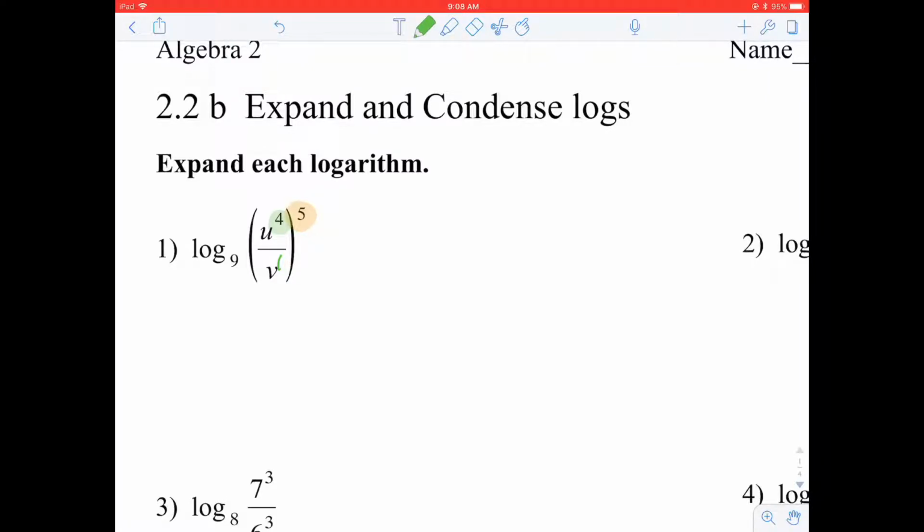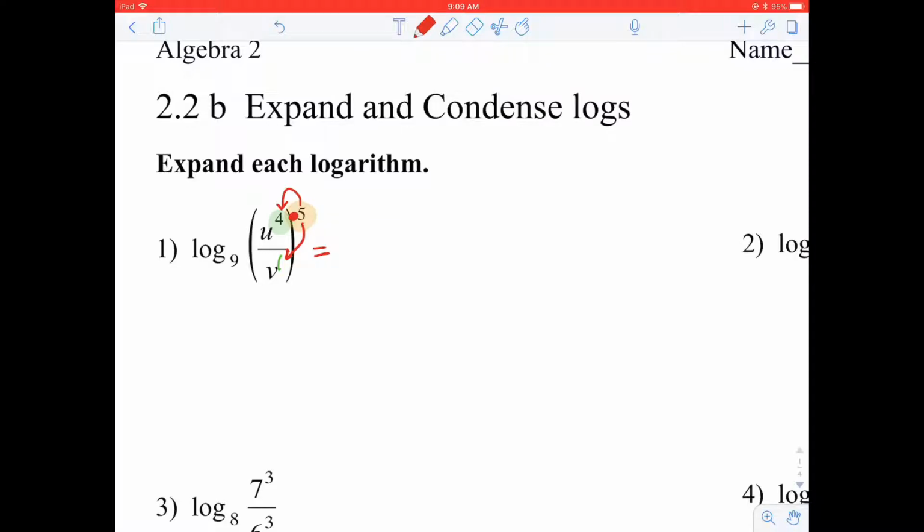So a power to a power means that we multiply. So that 5 is touching the parentheses, and we have to distribute that 5 or multiply it by the 4 and multiply it by the 1. So that's our first step, and the answer to that multiplication is what we're going to show.